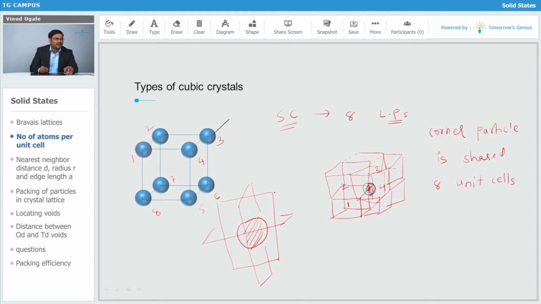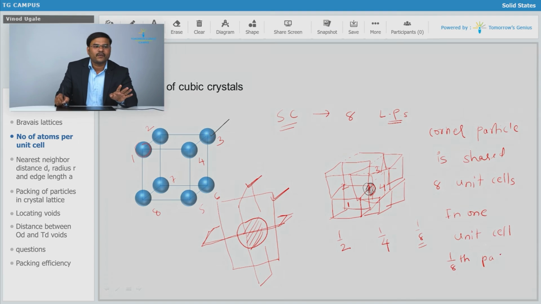If you can see, in this plane it will get divided into 2 parts. So you will get half of it, then that half will be again cut by this plane. So you will get a 1/4 part. Now that is also going to be cut by this horizontal plane. So you will get the 1/8 part. So in one unit cell you are going to have a 1/8 part of the corner atom.